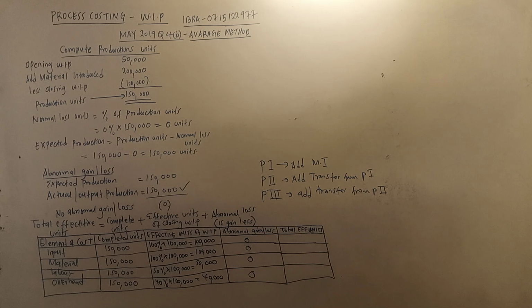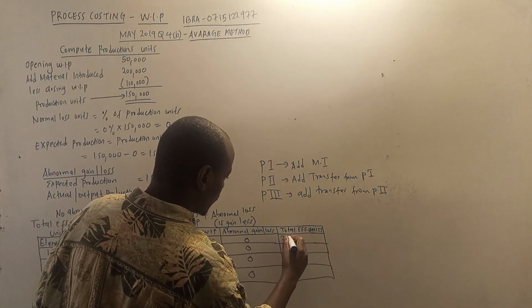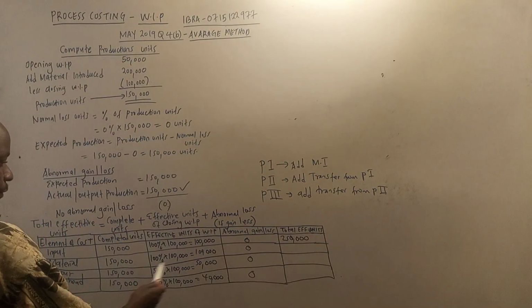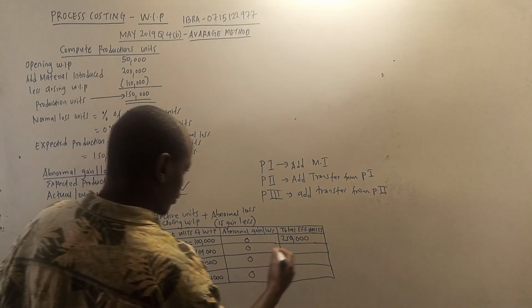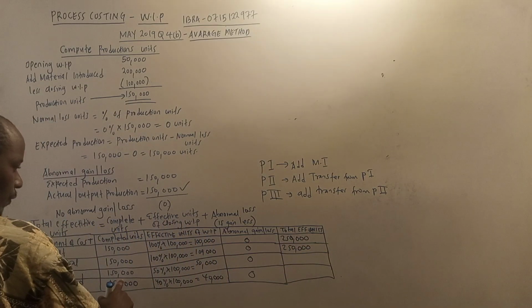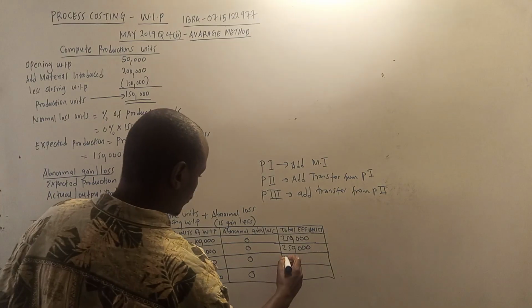So let's start with the inputs: 150,000 plus 100,000 plus 0. So this one is 250,000. 150 plus 100 plus 0, that is also 250,000. Then 150 plus 50, 200,000.